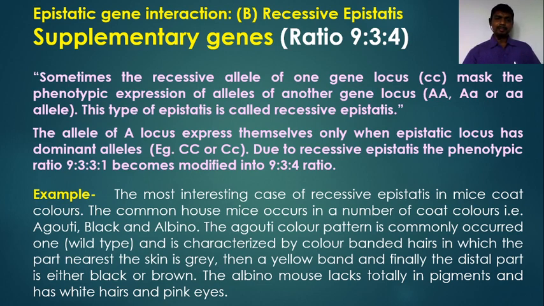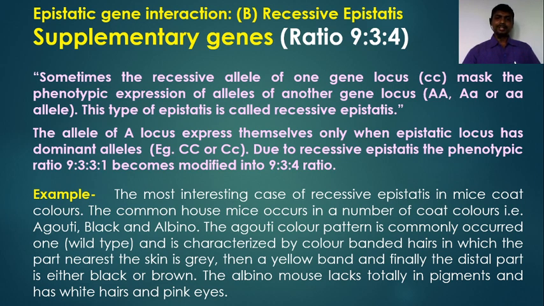The albino mouse totally lacks pigment, so it is white in color, with white hairs and pink eyes. The black mouse is black in color.